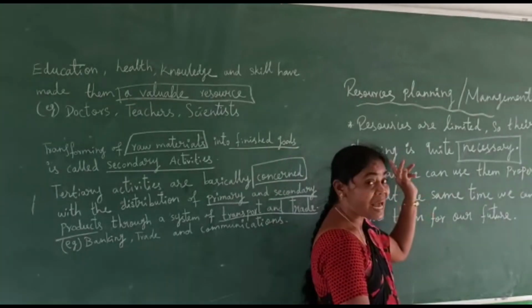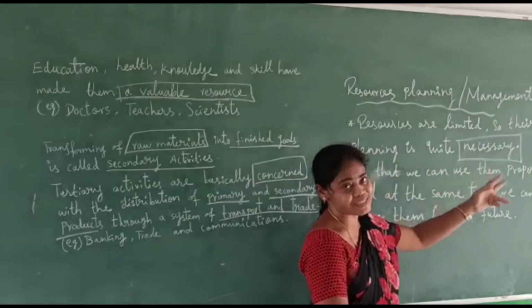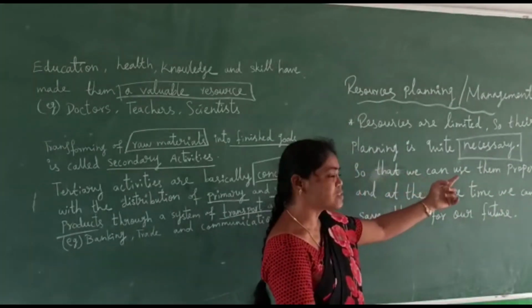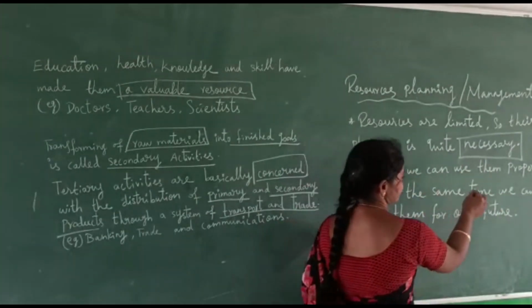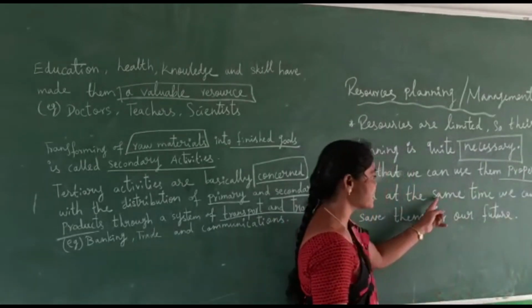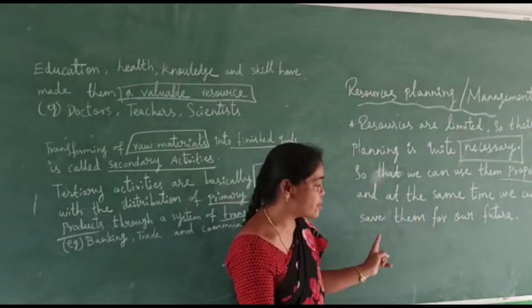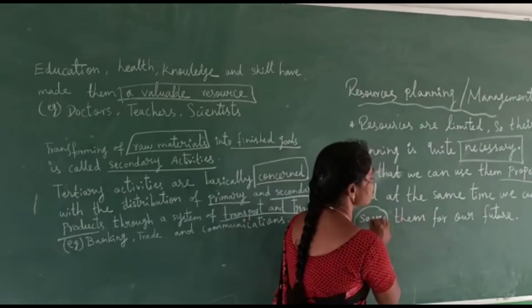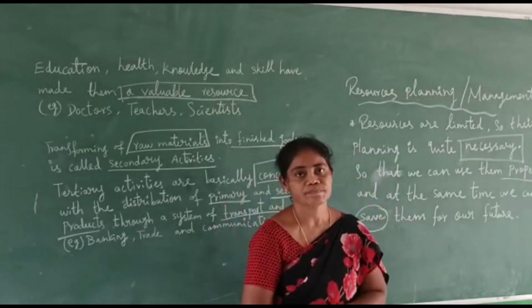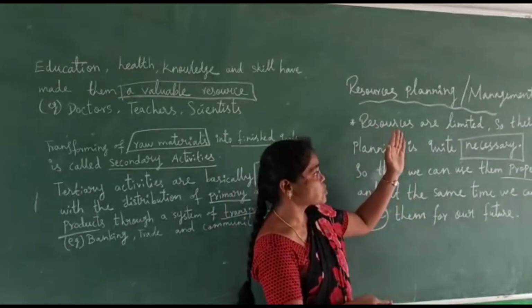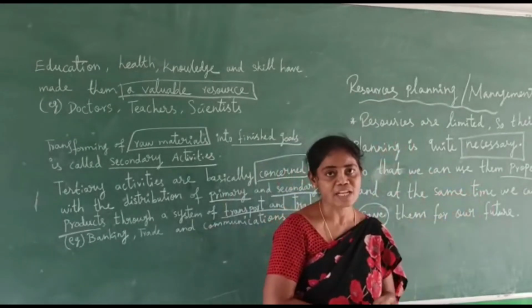So we must plan how to use them so that we can use them properly and at the same time save them for our future. So this is resources planning or management.